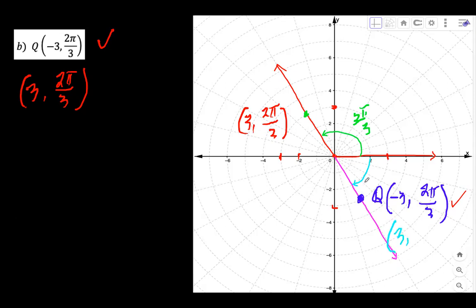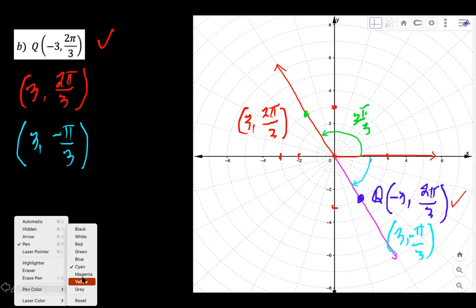And what angle measure is this? This is equal 1, 2, 3, 4, 15, 60. That's pi over 3. Negative, right? So the other angle that we could find such that it shares the same location as point Q is 3 and negative pi over 3. Correct? And what's the other point that we can still find? Let's find another one.